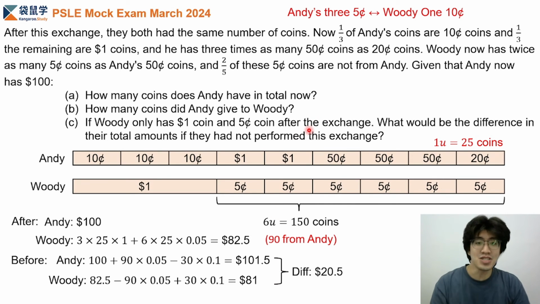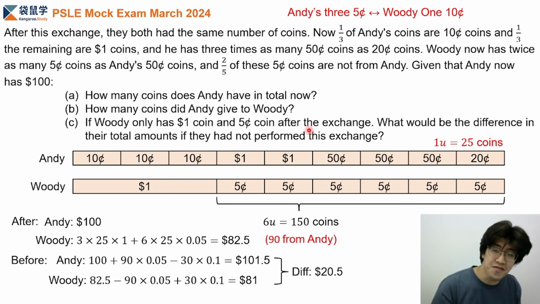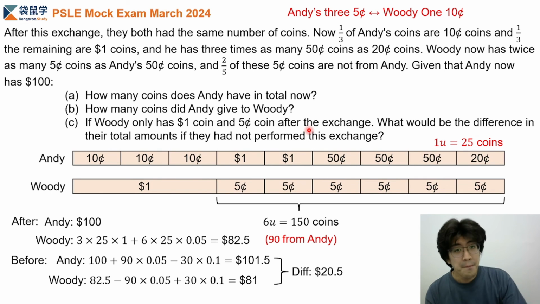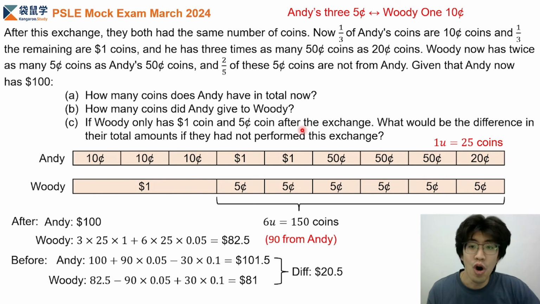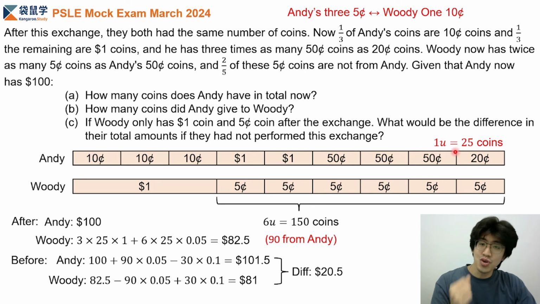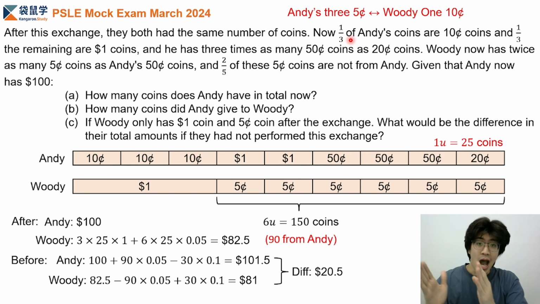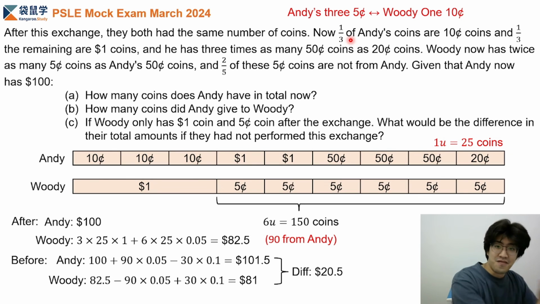So from this question, even though it's a very complicated question from the first sight, what we can learn from it is that if you have a coin problem involving different kinds of coins, how can we try to visualize their relationship better? We draw the model. How do we draw the model? According to the fractions. So again, the denominator of the fractions tells me how many parts I should divide it into.